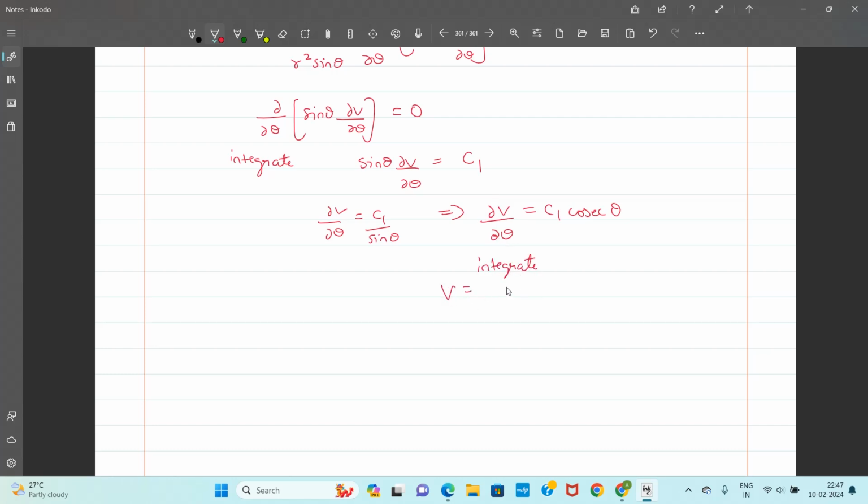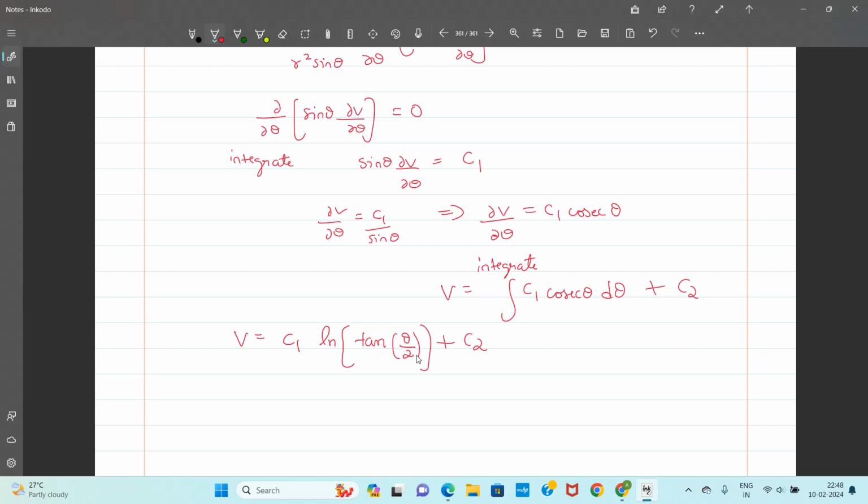So I will get V is equal to integration of C1 cosecant theta with respect to theta plus second integration constant. So I will get V is equal to C1 into, you can check the standard integration results, integration of cosecant theta is natural log of tan theta by 2, plus the second integration constant.